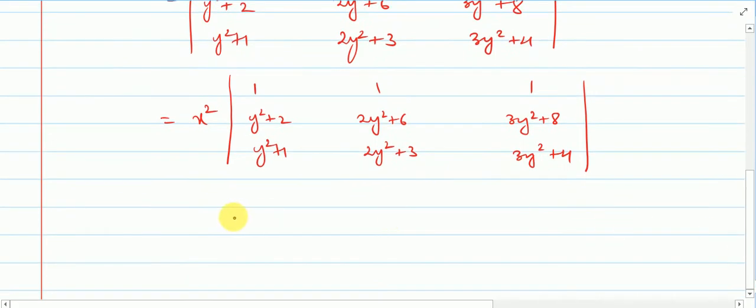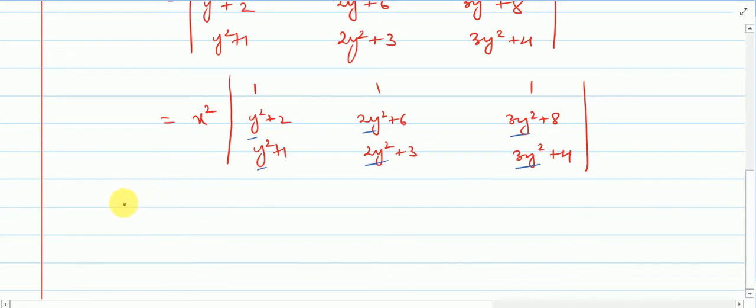Next, what we can do is, here we see that here we have y square, here also y square, 2y square, 2y square, 3y square, 3y square. So either from the second or third we can remove y square. Okay, so let's do one thing.